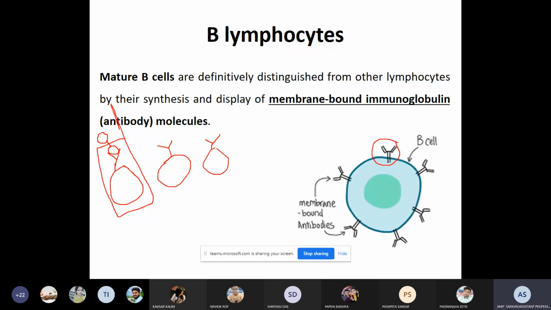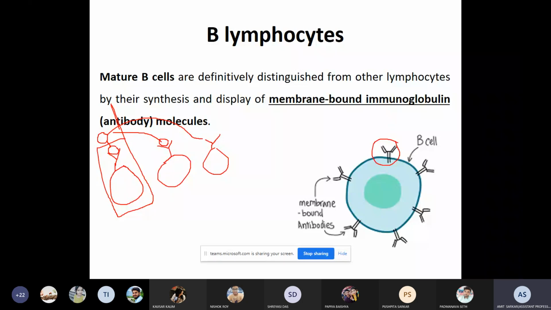This is not going to work because this is only specific for E. coli. So Salmonella will not bind here, will not bind here, but it will bind only here because this membrane-bound antibody is specific to Salmonella.